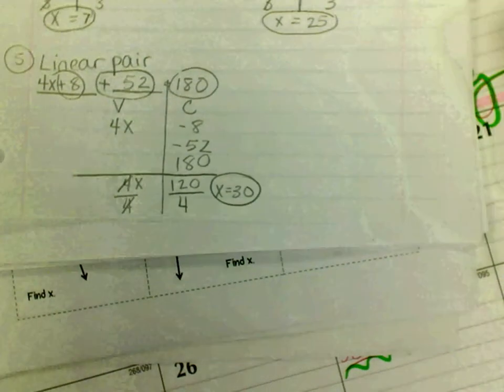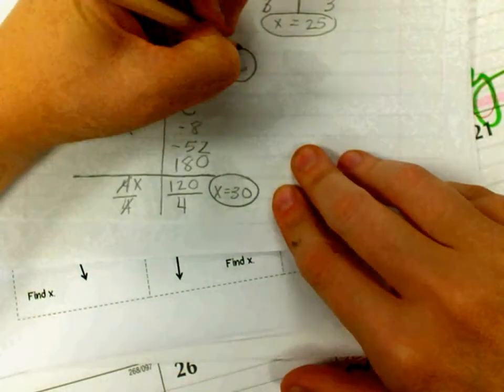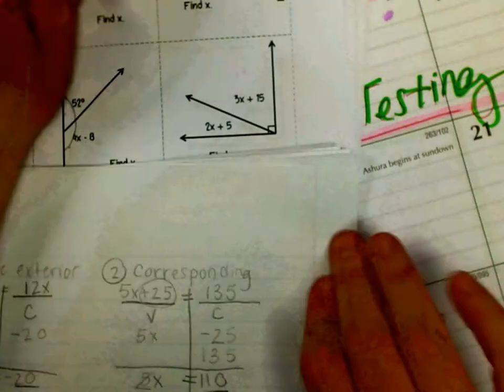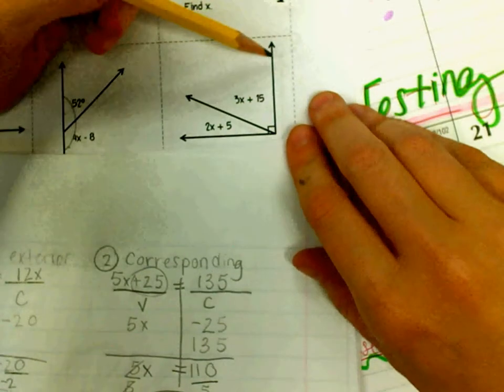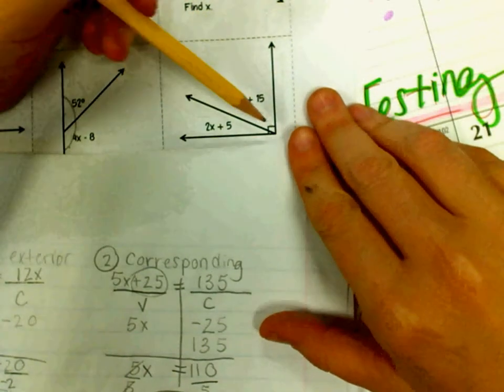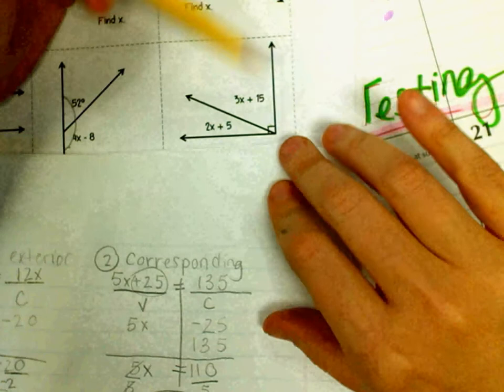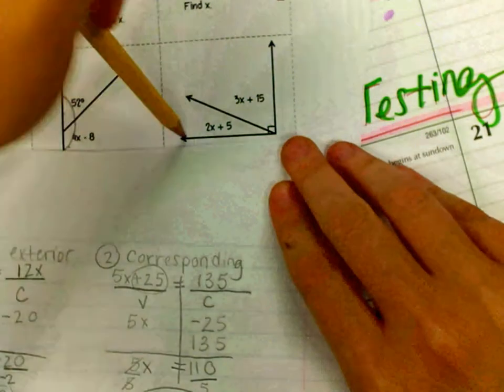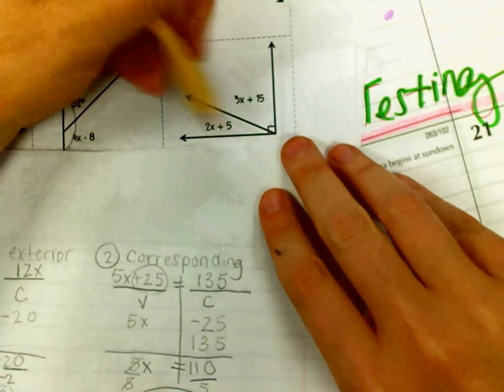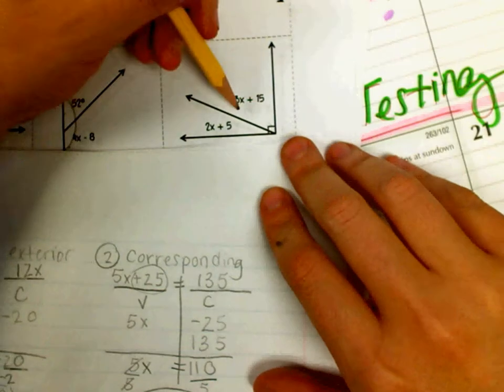All right, last one, number 6. Running out of room. Okay, number 6 is making a right angle. Okay, right angles are 90-degree angles, whatever you want to call it. So that means that this angle relationship, since it makes a right angle, is complementary.